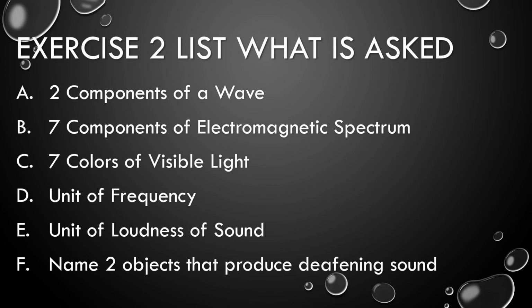Exercise 2. List what is asked. Letter A. Two components of a wave. Letter B. Seven components of the electromagnetic spectrum. Letter C. Seven colors of visible light.